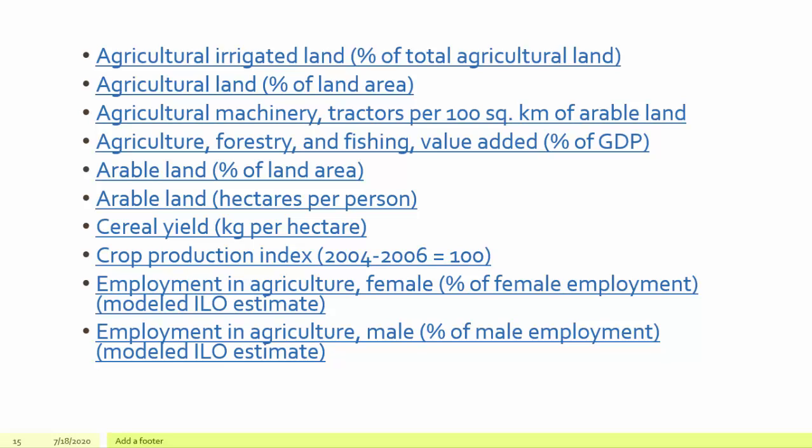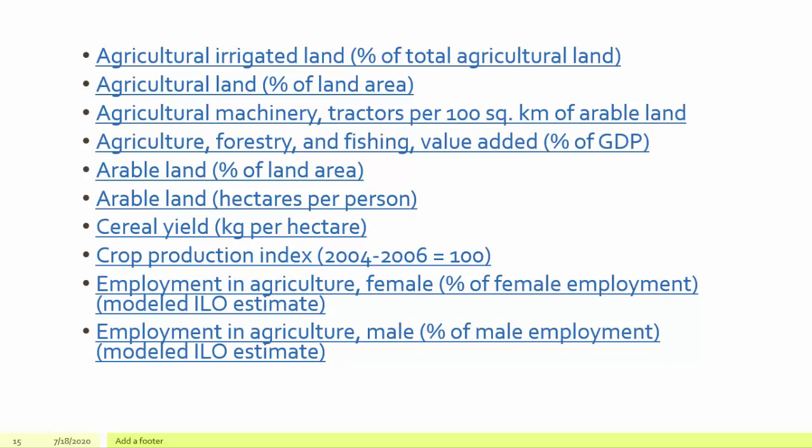So let's briefly talk about these indicators, because they actually affect all of us, and especially those economies that are highly dependent on agriculture for their GDP. Take, for instance, this indicator on agriculture irrigated land, percentage of total agricultural land.